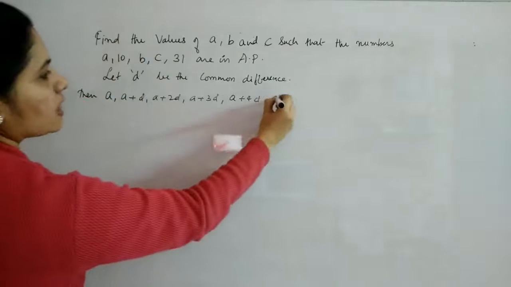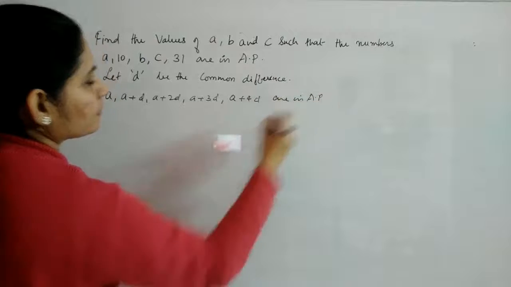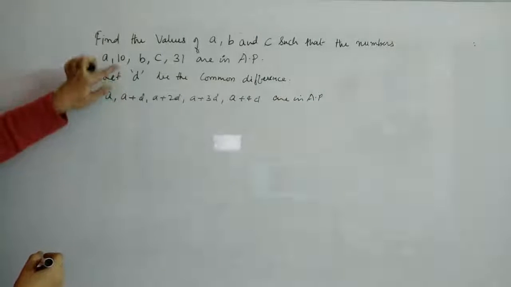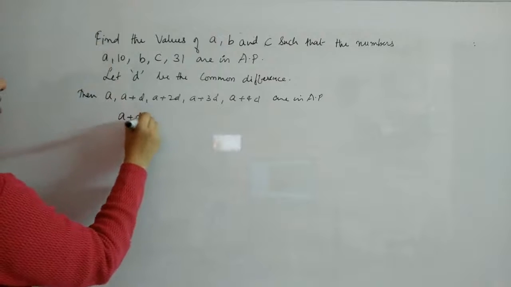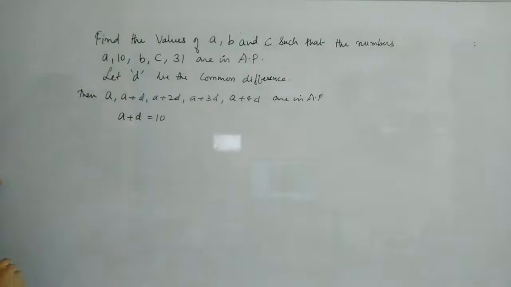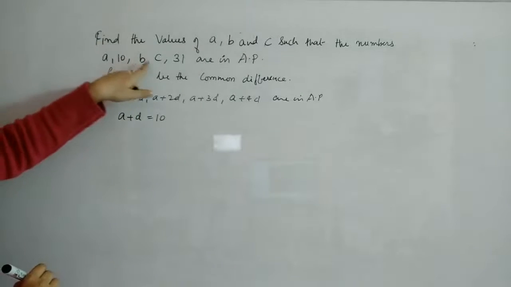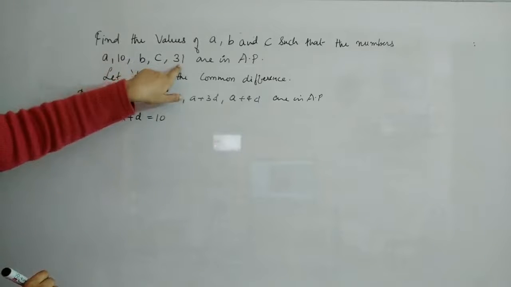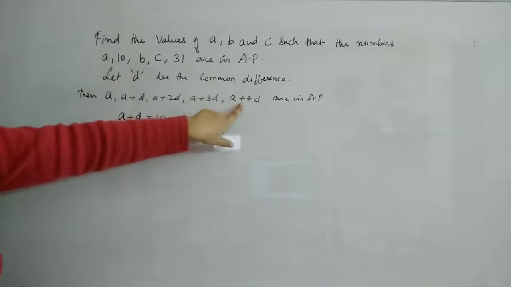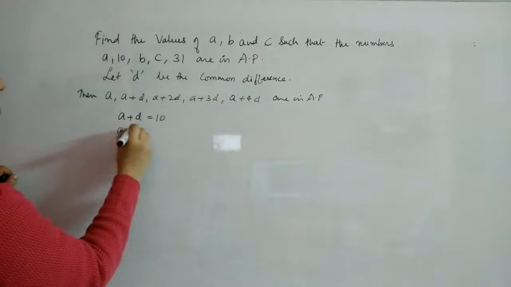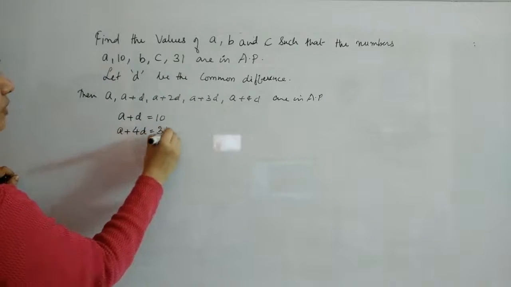Okay, these are in AP, so you can just compare. The second term is written as A plus D is equal to 10, right? And these terms you don't have, and 31 is given, and this is the fifth term. Fifth term means A5. A5 is A plus 4D. So you'll get another equation containing A and D, which is A plus 4D equal to 31.